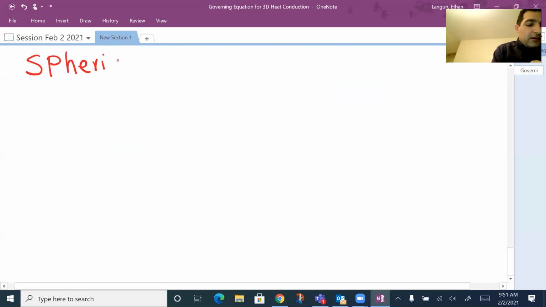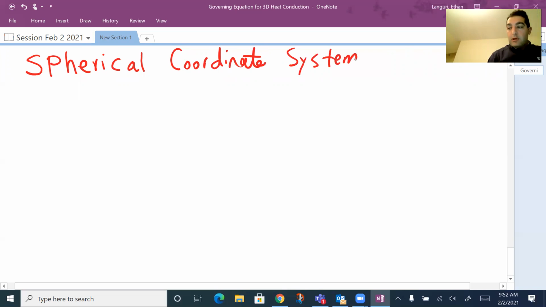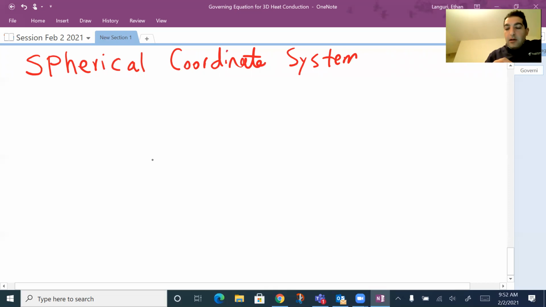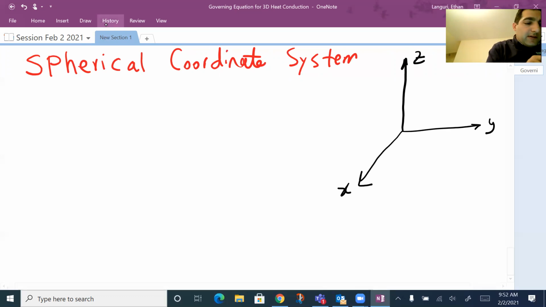So in a spherical coordinate system, instead of x, y, and z, which we typically have in Cartesian coordinate system, we can show it again with a radius r.